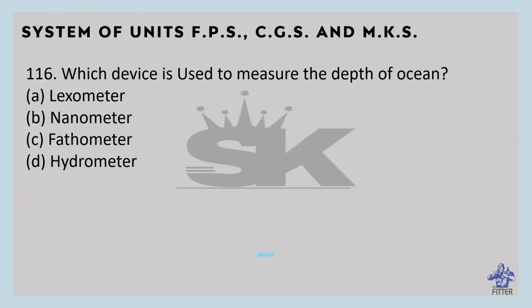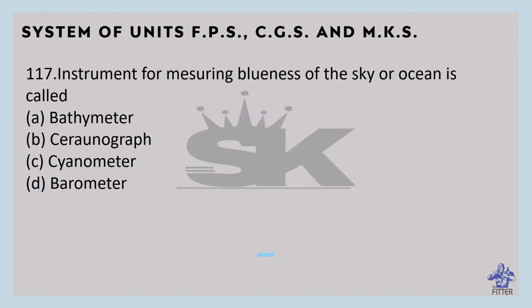Which device is used to measure the depth of ocean? That is fathometer. Instrument for measuring blueness of the sky or ocean is called cyanometer. Bathymeter is an instrument used to measure the depth of water in seas or lakes.